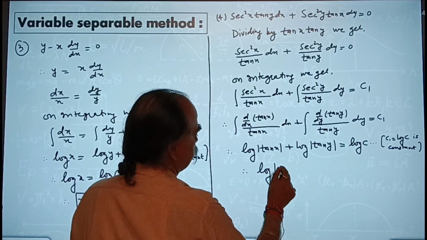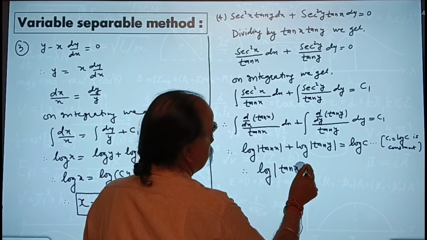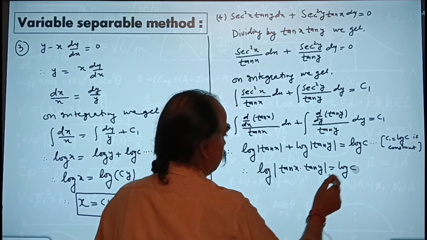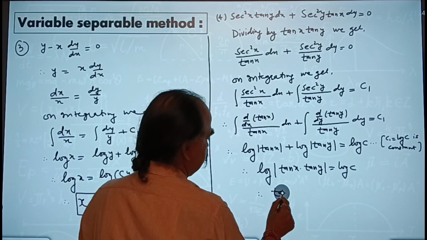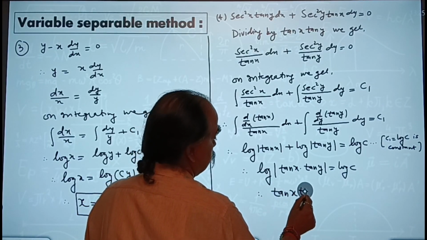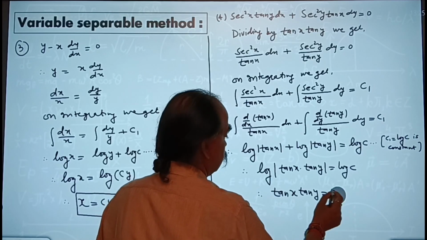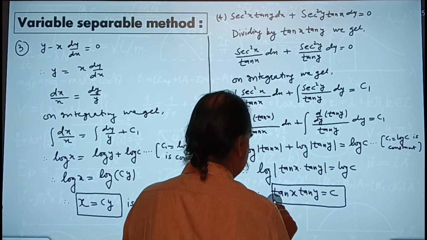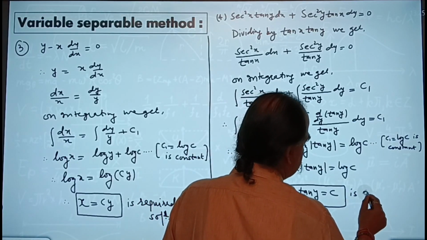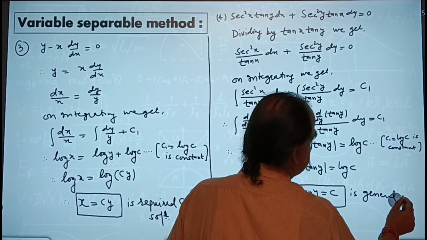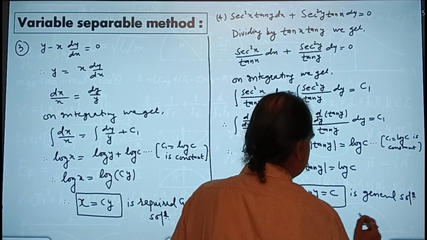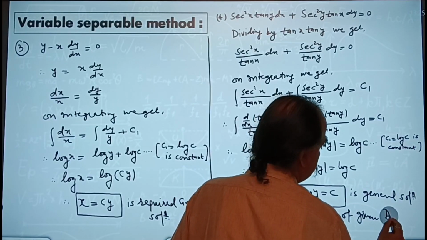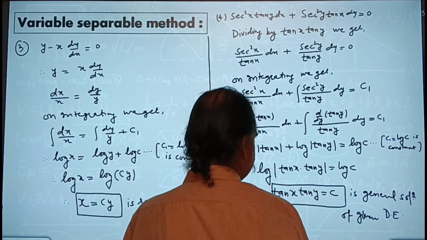So log of tan x tan y, therefore tan x tan y is equal to c. This is the general solution of the given differential equation.